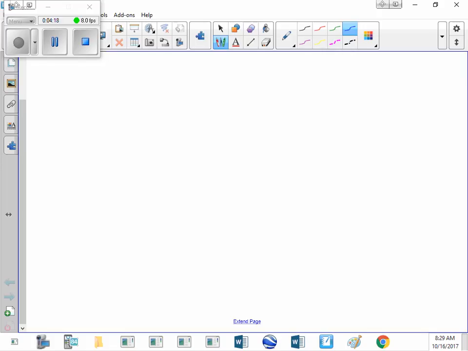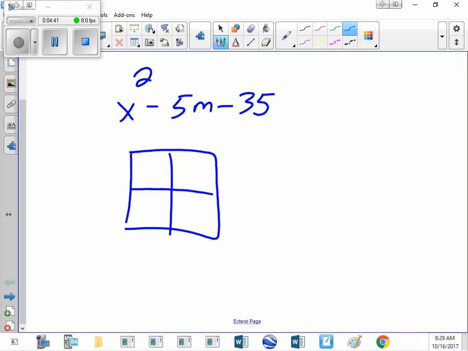What if I had x squared minus 5x minus 35? This one I need to use the box. So x squared, minus 35. What's the next step? Multiply those together.